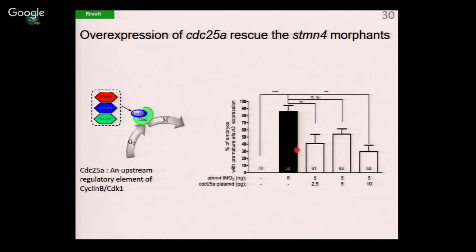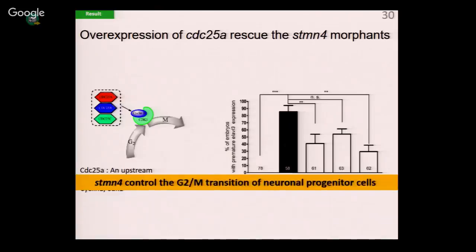However, after introducing the CDC25A vector into cells, the percentage of premature LFO3 expression decreased with the dose of CDC25A. It suggested that CDC25A might rescue the phenomenon of STEM4 T-morpholino 2, and STEM4 might be the upstream regulator of CDC25A.